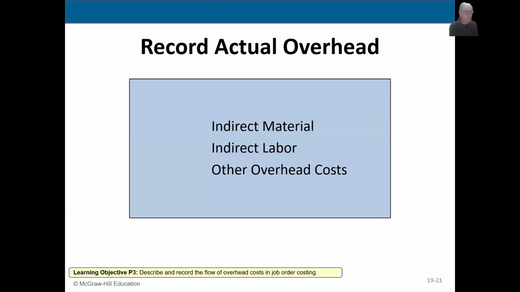Then at the end of the year, we get our actual numbers in. We know what our actual indirect materials are, our actual indirect labor, and the other overhead costs. When I figure out my actual overhead, I need to adjust based off of the actual results, okay?